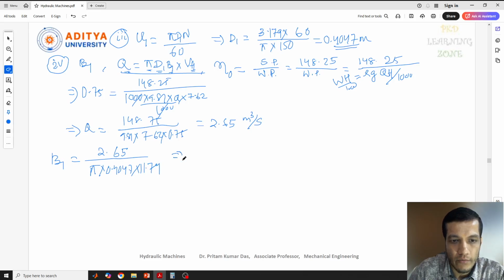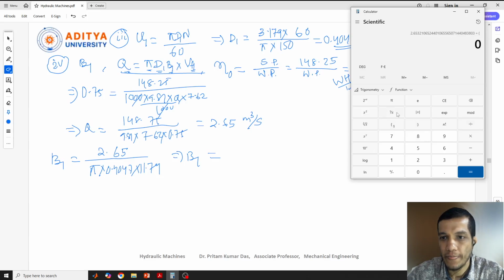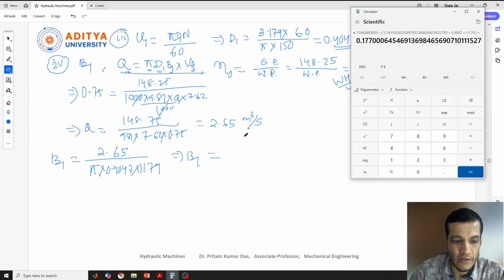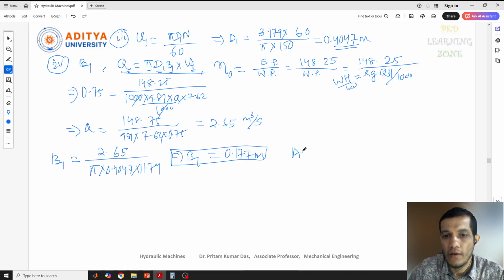Then we can find out the value of B1. So B1 equal to 2.65 divided by, bracket start, pi multiply 0.4047 multiply 11.74, bracket close, 0.177. So this is the width, 0.177 meter. This is our final answer as per the question given.